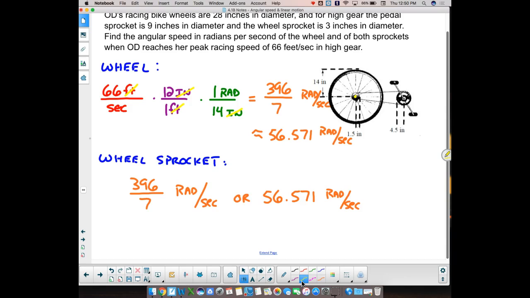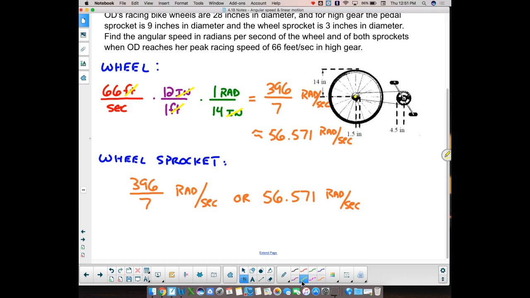Linearly, no. Angularly, rotationally, yes. But the farther you go out from the center, the faster you go as compared to something closer to the center. Okay? So that's the wheel sprocket.